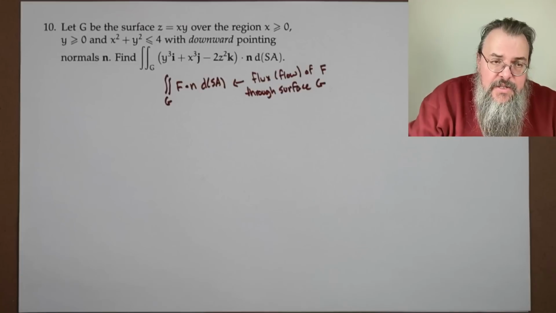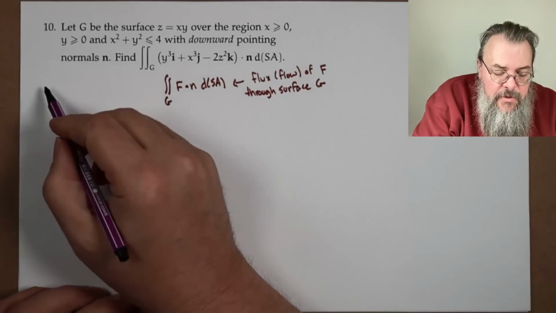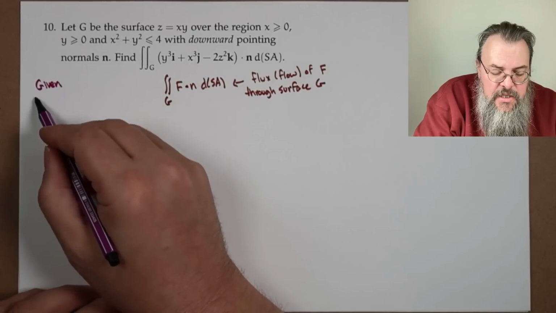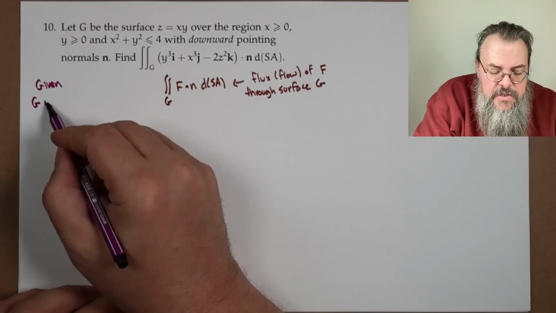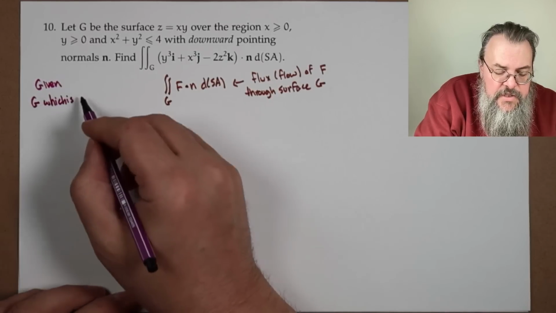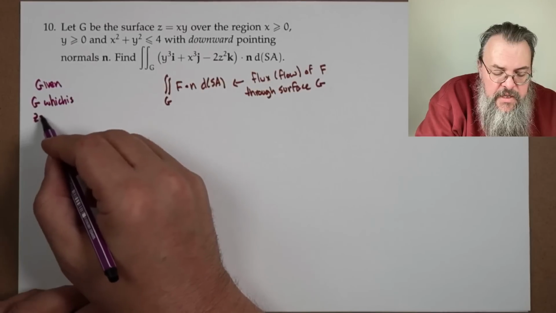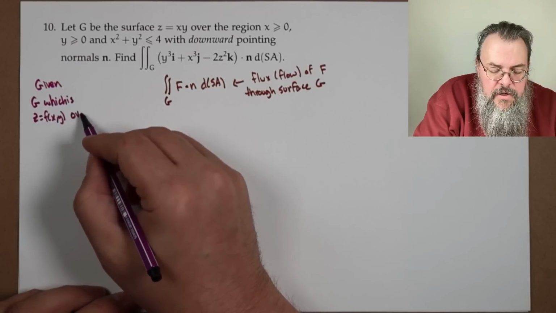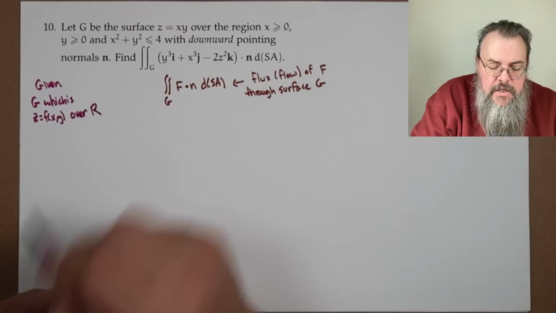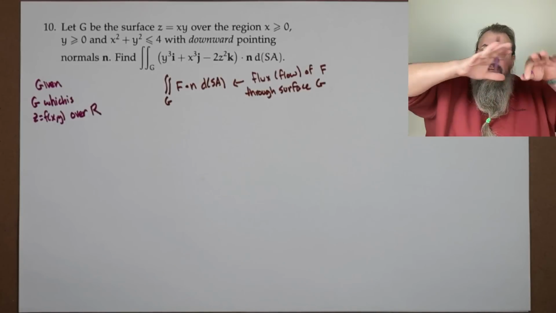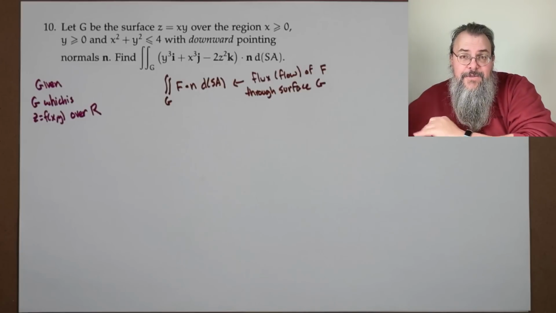Okay, so here's the generic formula. Given G, which is the function z equals f of x, y over a region R in the plane, because the way we do surface integrals is, you have the surface up here doing its surface thing.